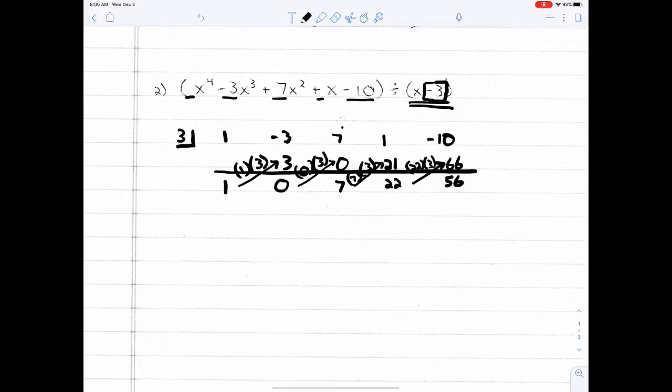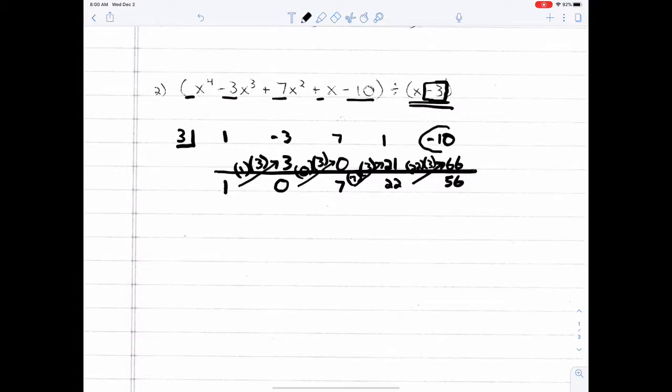Then you take 7 and you add it to the number that's underneath it. And 7 and 0 gives you 7. Then you take that number and multiply it by the number in the box and get 21. Then you take the 1 and add it to the number underneath it. And you get 22. Then take that number and multiply it by the number in the box to get 66.